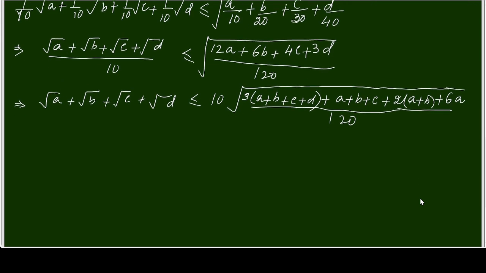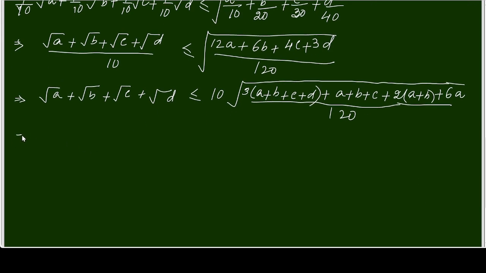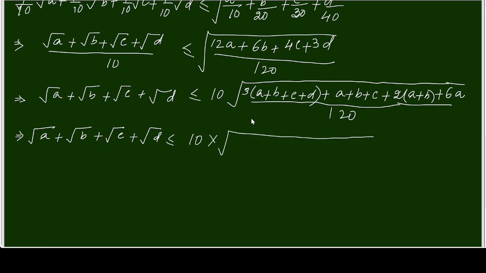Now we'll put the values. Square root of a plus square root of b plus square root of c plus square root of d is less than or equal to 10 into square root of 3 times a plus b plus c plus d, which is given as 30, plus a plus b plus c, which is given as 14, plus 2 times a plus b, which is given as 5, and a is 1.